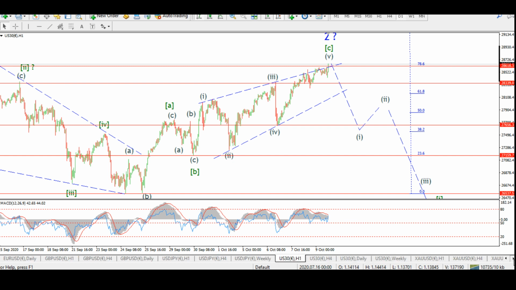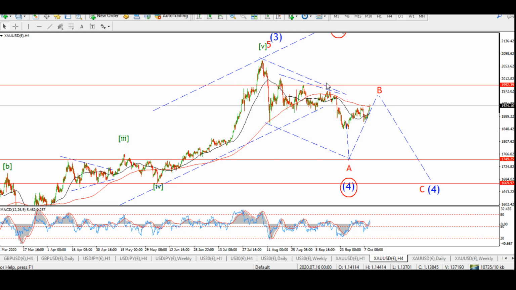Okay, so gold has again pushed slightly higher today. I was chatting with a guy during the week, and the question was, is there a reason why this low here back in late September is not the final low of a three-wave decline?